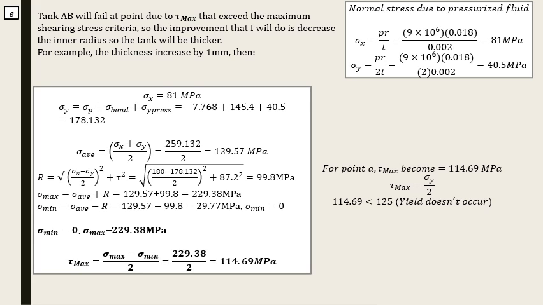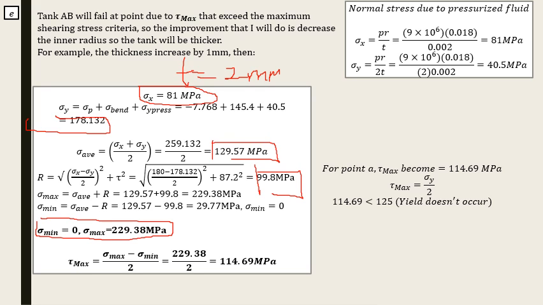For example, the thickness is increased by 1 millimeter. The pressure stress will change because the inner radius and the thickness will be changed. Then these are the new sigma x, the new sigma y, the new average, the new R, and the new sigma min and sigma max.